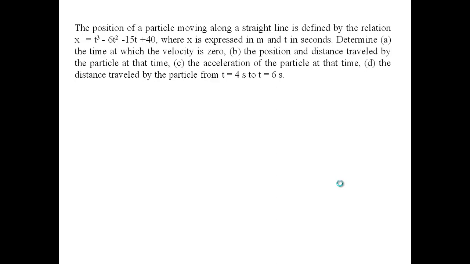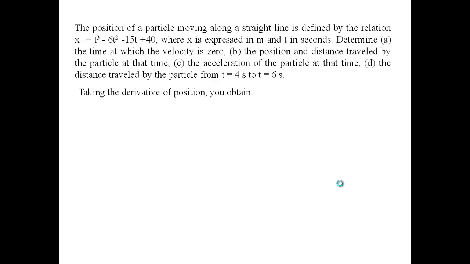Second, the position and distance traveled by the particle at that time. Third, the acceleration of the particle at that time. And fourth, the distance traveled by the particle from time t is equal to 4 seconds to t is equal to 6 seconds. So we will solve one by one.